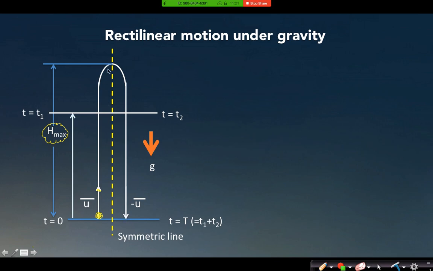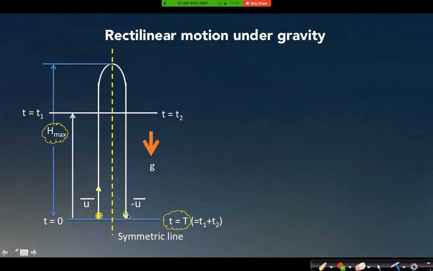So this is what generally happens, and the total time the particle has taken to move from this point to this point is called time of flight, that I have denoted as capital T. Although in my drawing you can see there is a horizontal displacement of the particle, actually it is not.